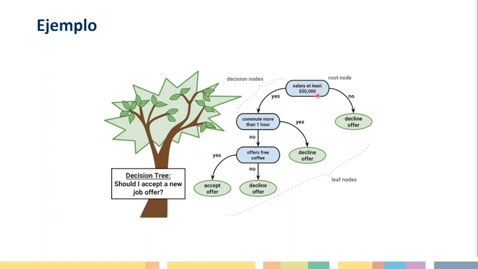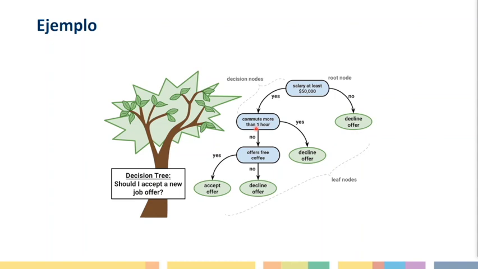If our salary, for example, is below our current salary, we could take an immediate decision on declining the offer. Instead, if we have an offer that's above our current wage, we'd probably begin assessing other conditions before taking a definitive decision. One of them could be if we are willing to commute for more than an hour every day to reach that working place.